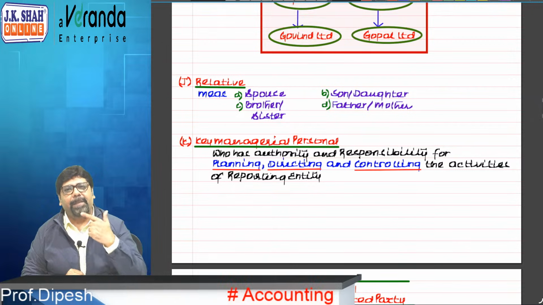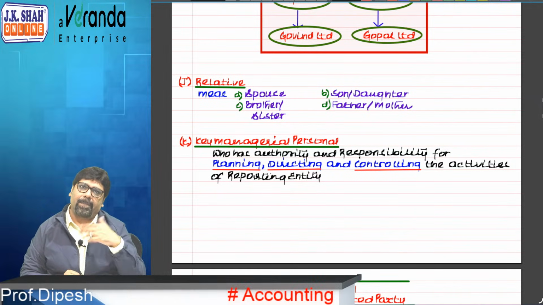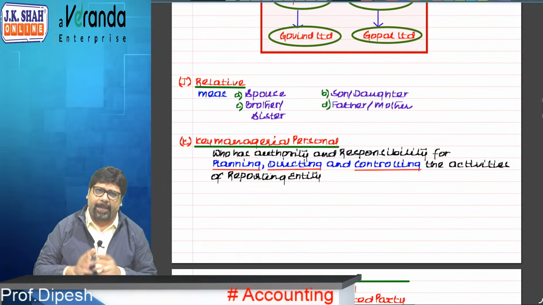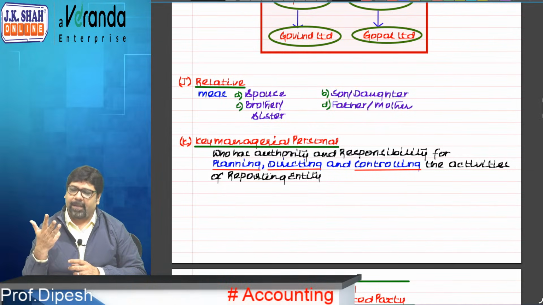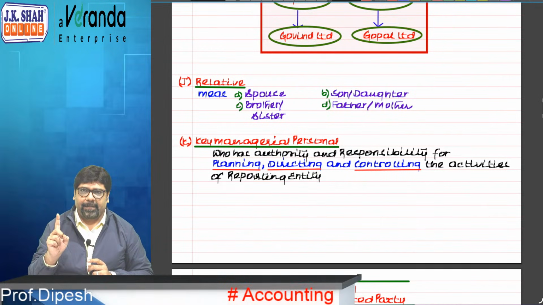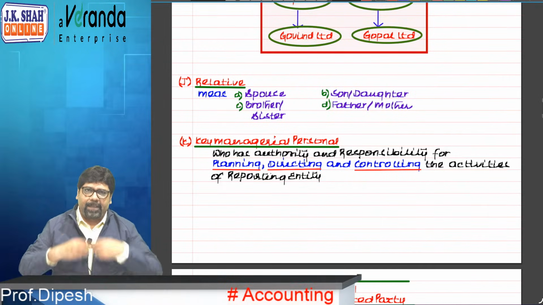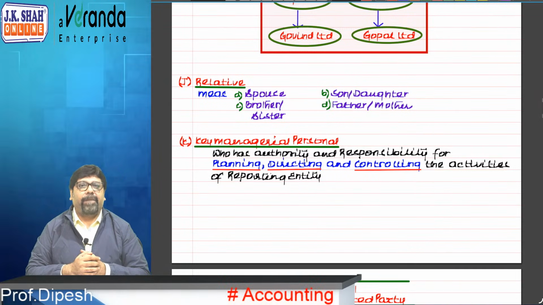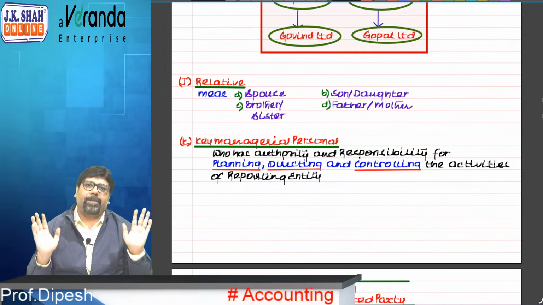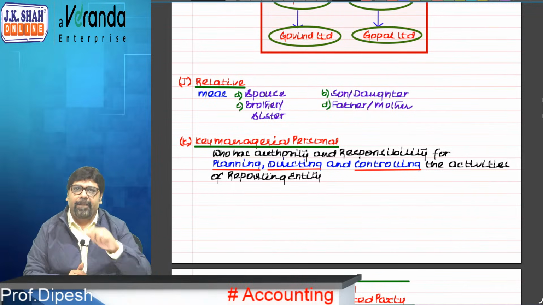Then significant influence: voting power more than 20%, and we can participate in operating and financial policy making. Okay, that is 3 parts. After that, we understood what is a subsidiary, the company on which I have control. Fellow subsidiary: if I have two subsidiaries, those two are known as fellow subsidiaries. Then we understood associates.